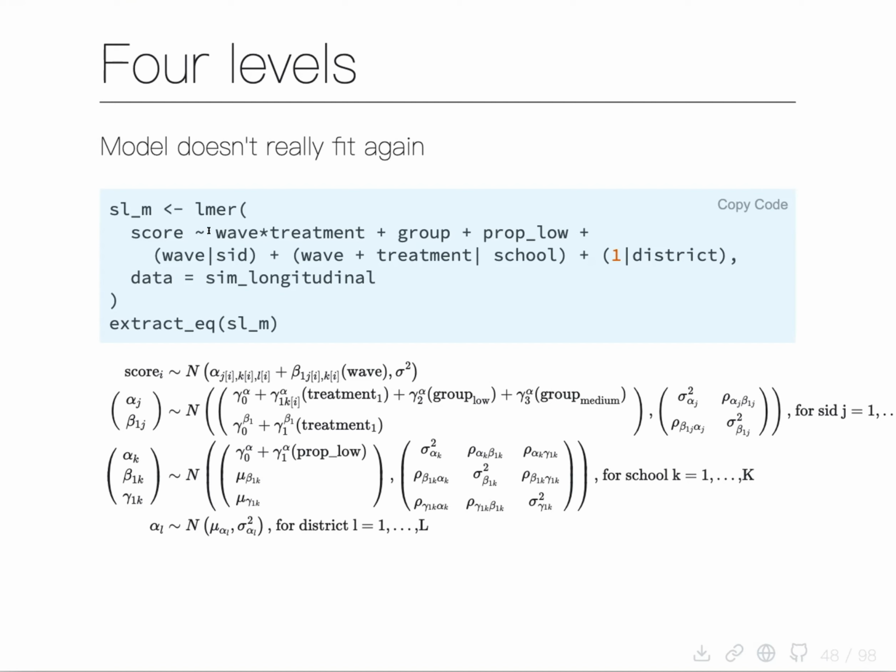Just a clarifying question. When we want to estimate a randomly varying slope at the school level, are we going to include the gamma 1K down there in the third chunk?